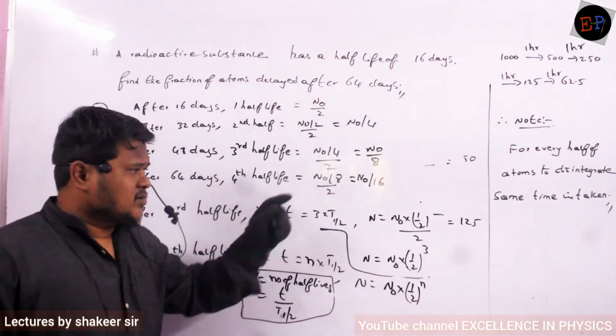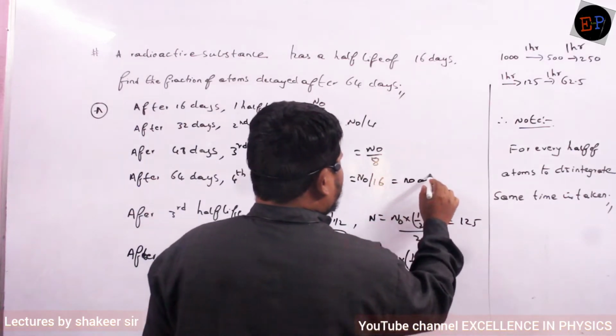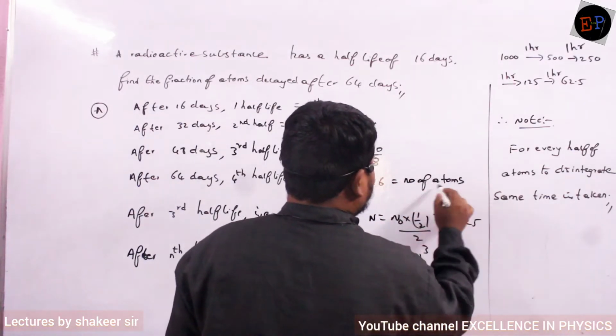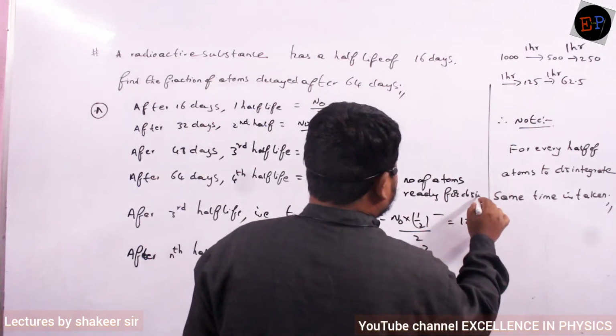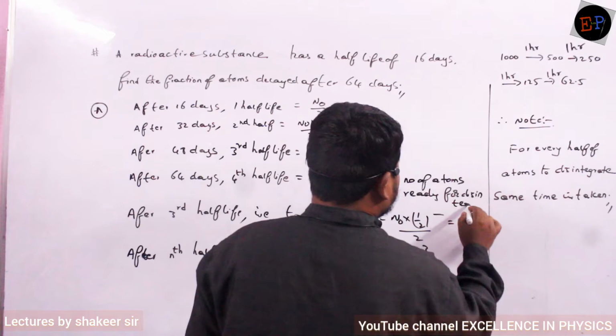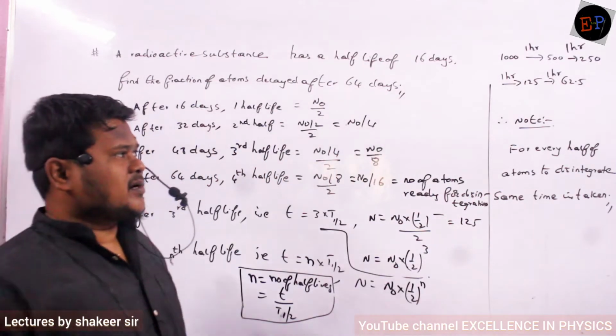N naught by 16 is the number of atoms ready for disintegration. Are you able to understand?